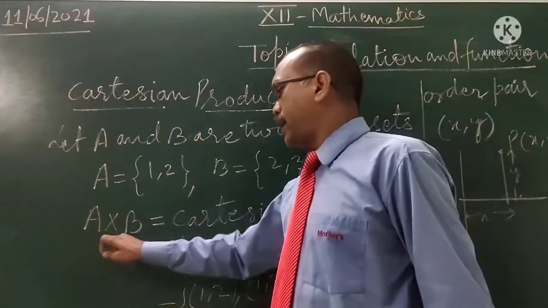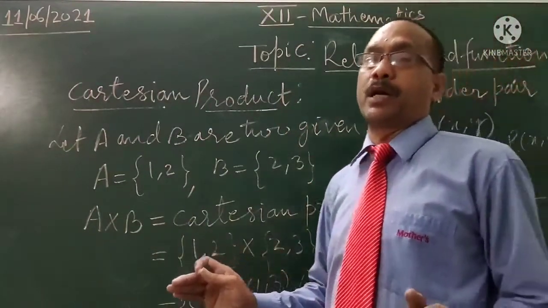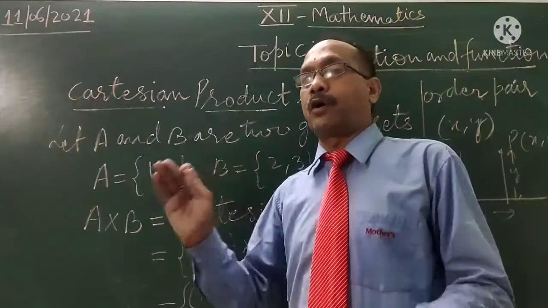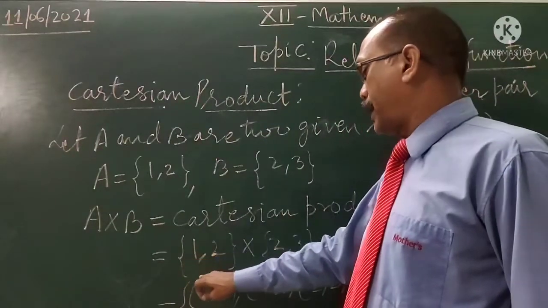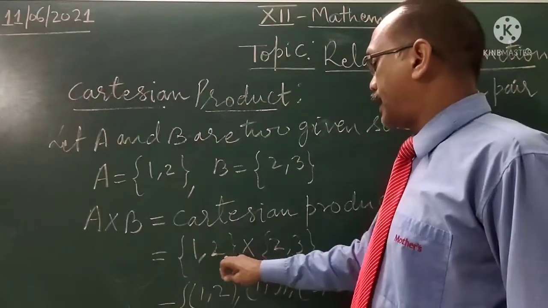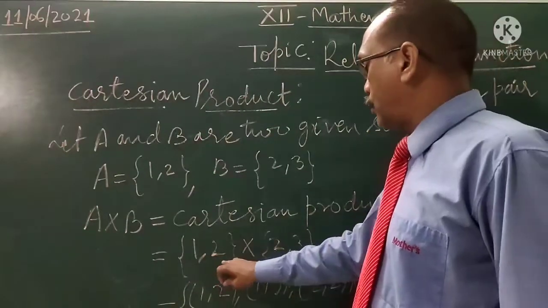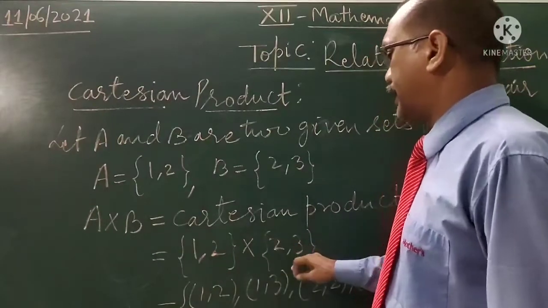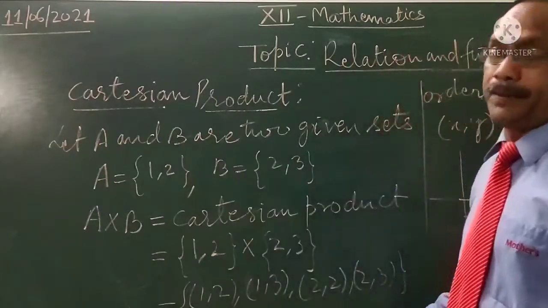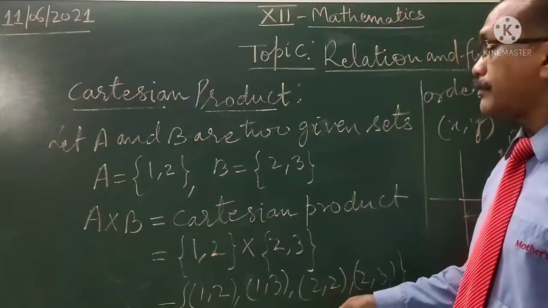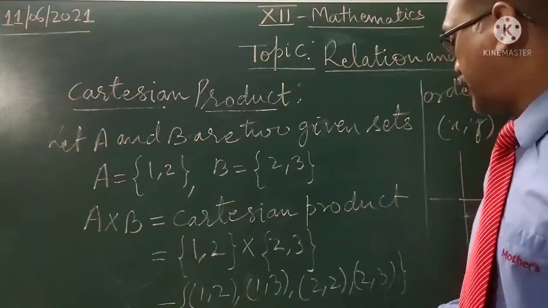So here A cross B is the Cartesian product, and this Cartesian product is the set of ordered pairs. First ordered pair is (1, 2), then another ordered pair (1, 3), then (2, 2) and (2, 3). This way we will form the Cartesian product.